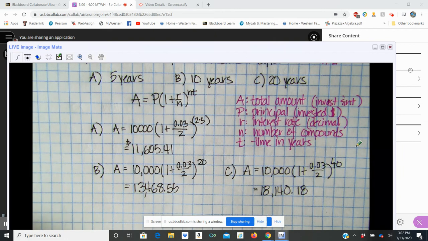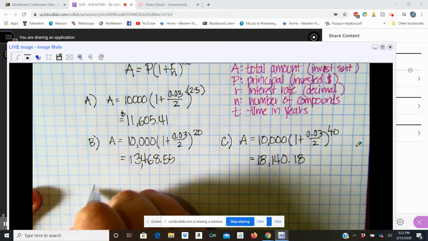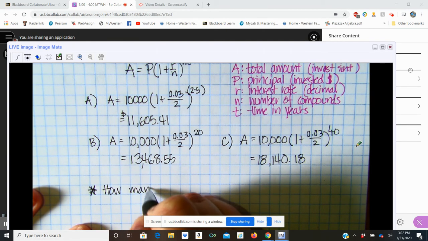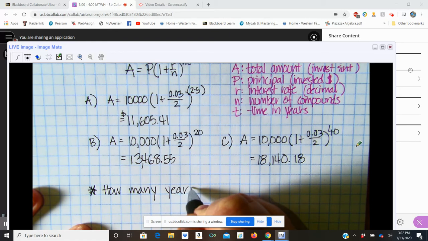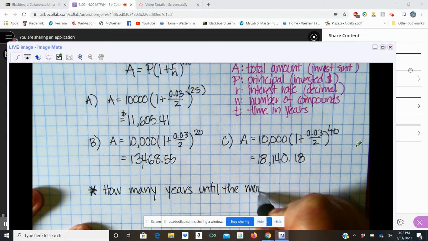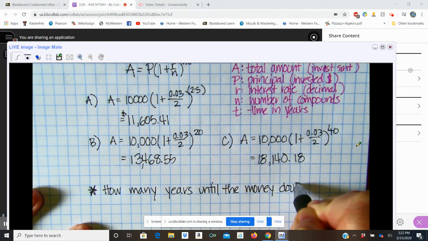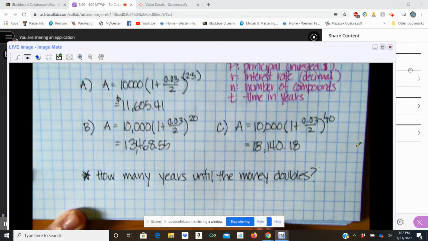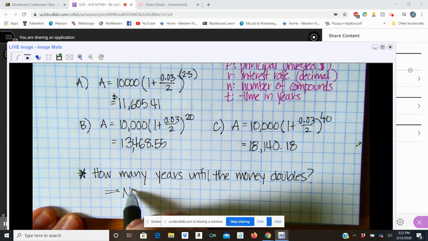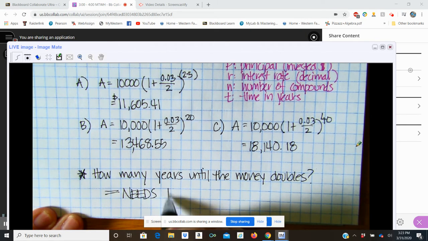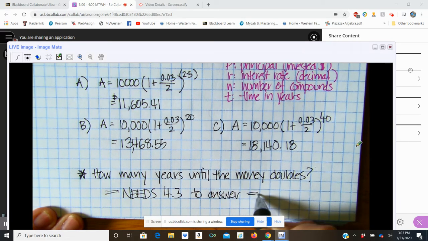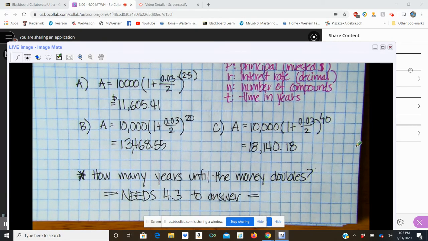That particular question needs 4.3. Or if you've had some of this already, it needs you to remember your logarithms.